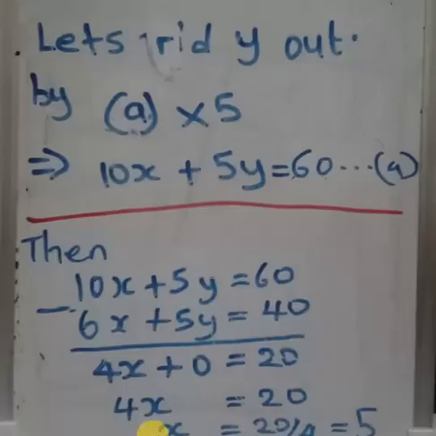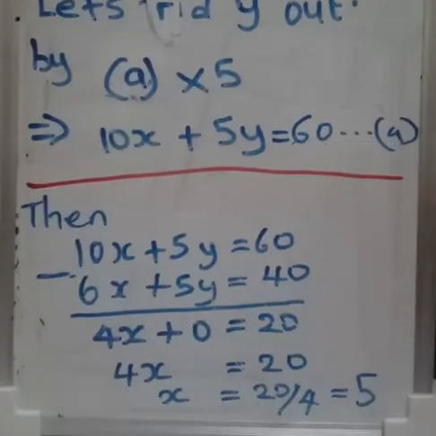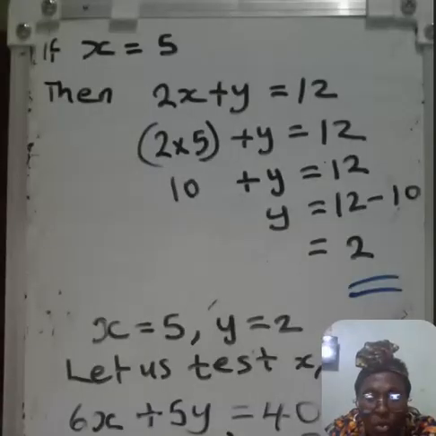Why? We need to have x on one side, like x on one side. And to take 4x to the other side, it will have to come to the bottom. It will have to become a denominator on the other side of the equation. So we have x is equal to 5.